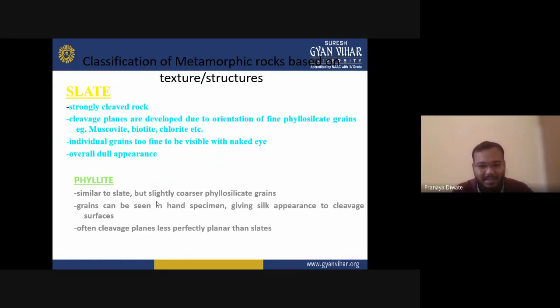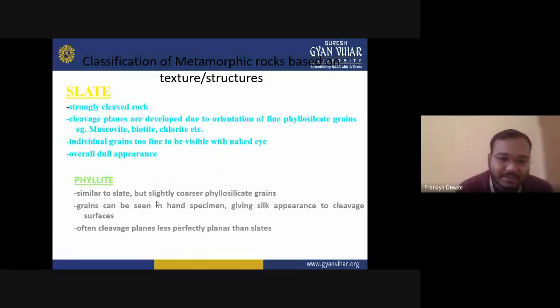The grains can be seen in a hand specimen also. So slate gets converted to phyllite, and this is one of the textures.